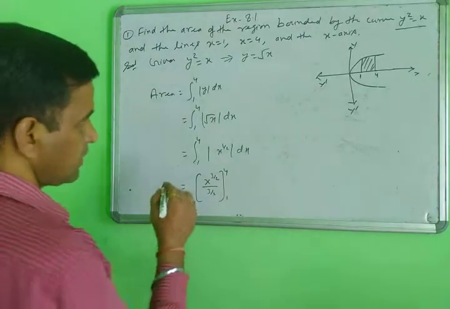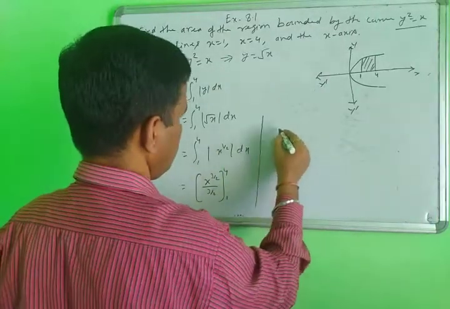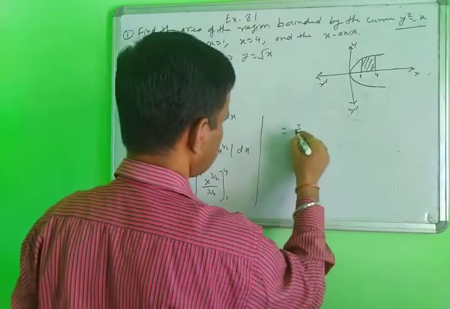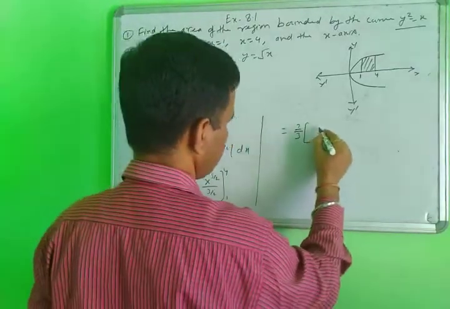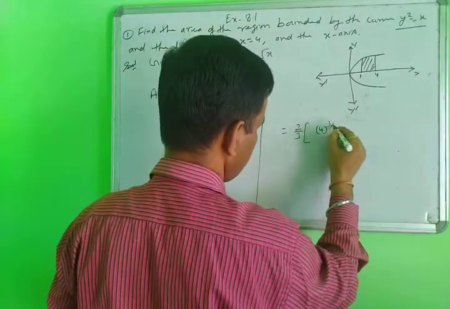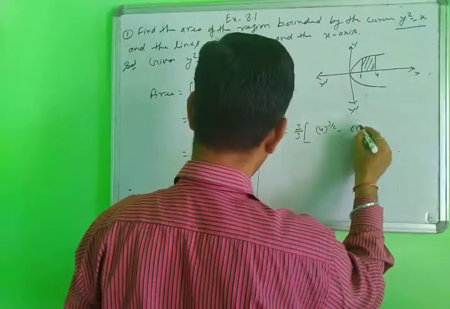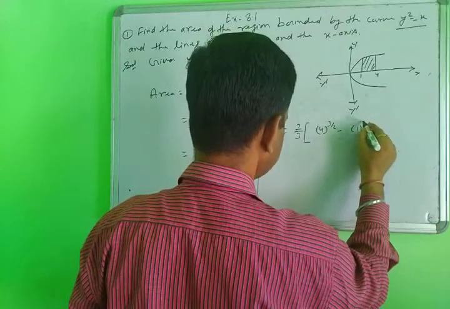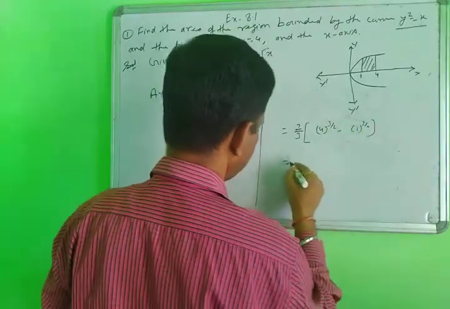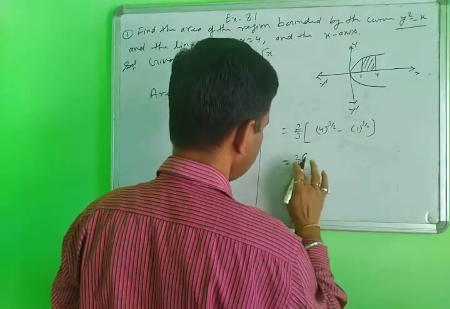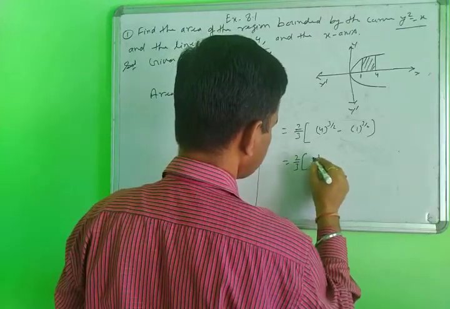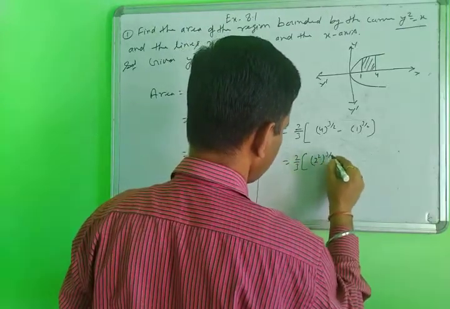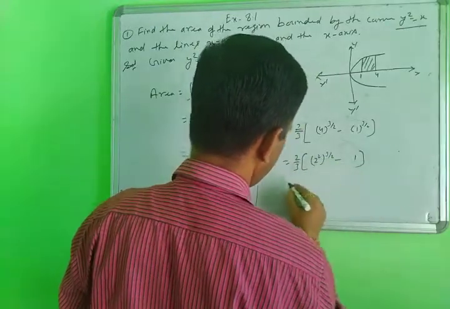So then you calculate it. What value here? 2 upon 3. First you put x to the power 3 by 2, minus 1 to the power 3 by 2. What is the value? 2 upon 3. And here you calculate 2 square into 3 by 2 minus 1.